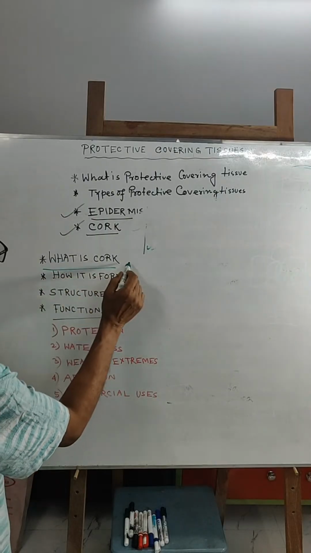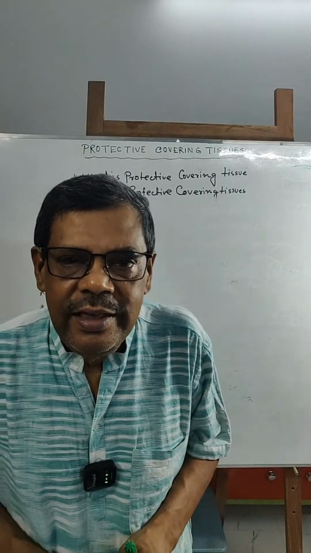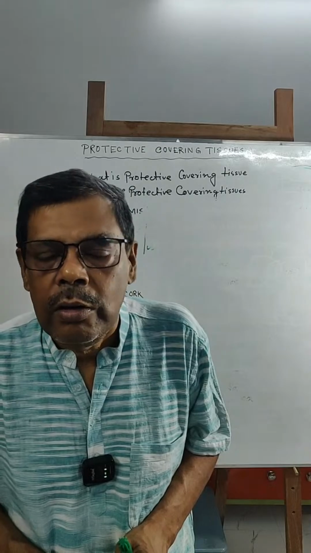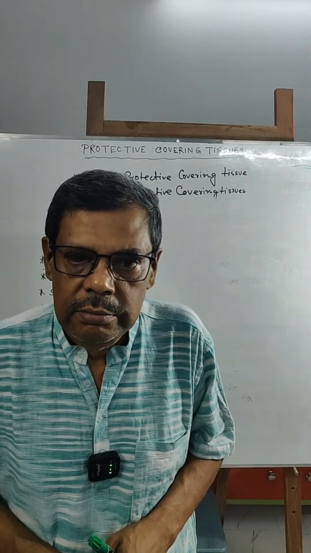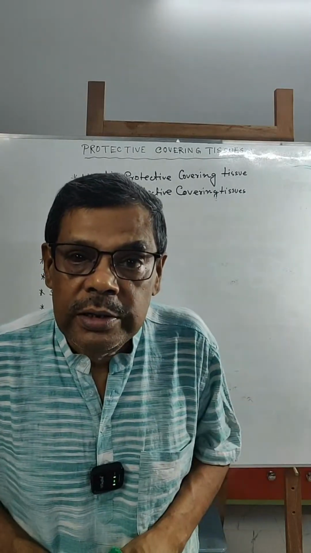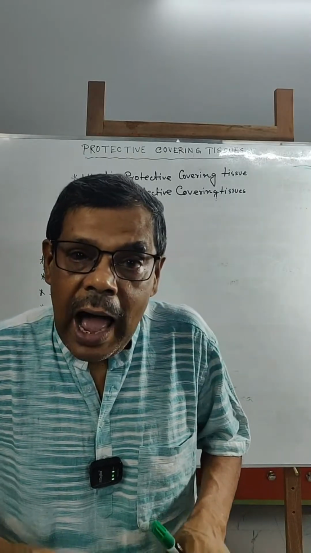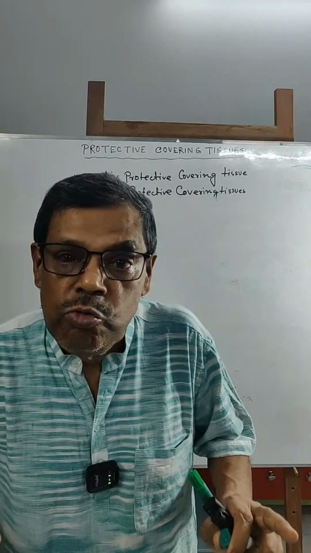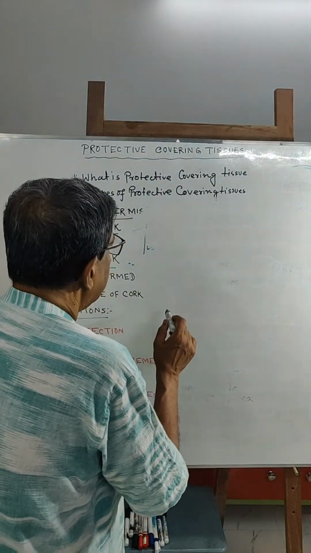Its characteristic is that the cork cells are multi-layered and rectangular in shape. The outer walls of the cells are suberized. Waxy suberin is deposited on the outer walls of the cork cells.